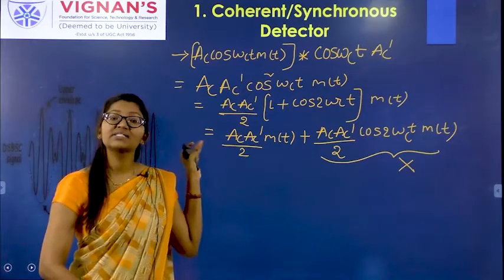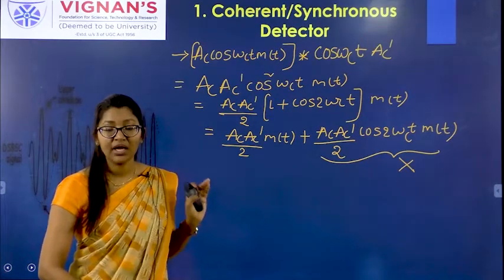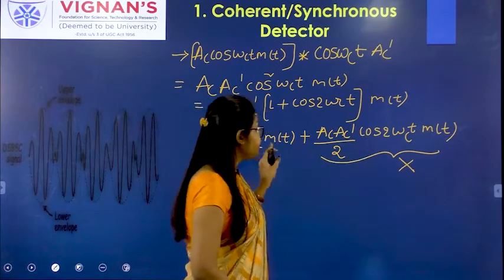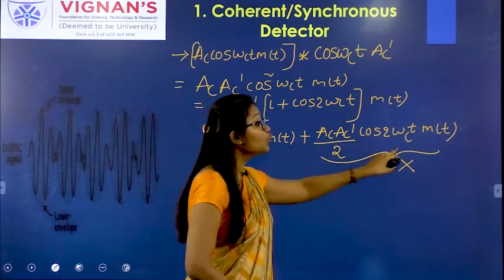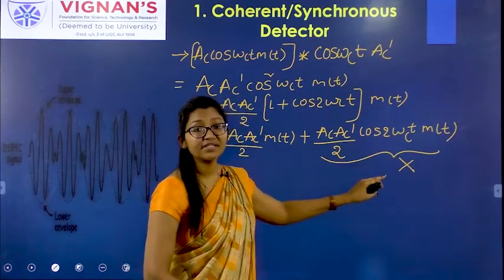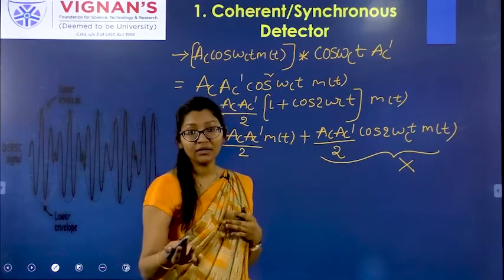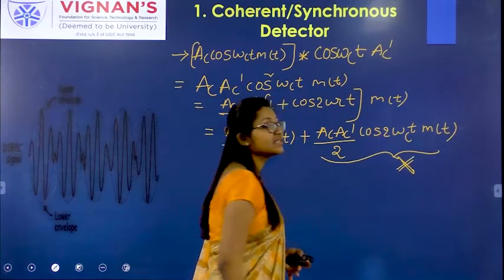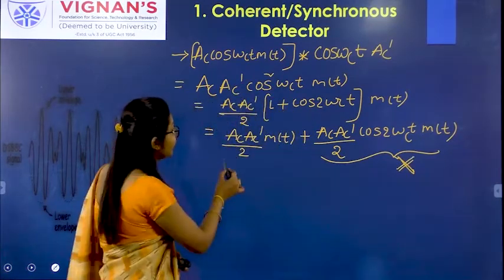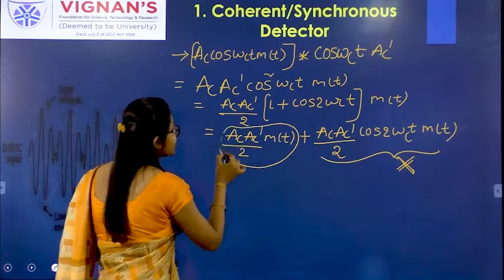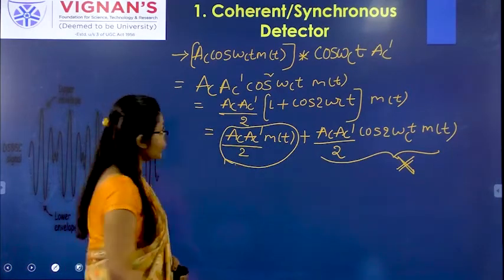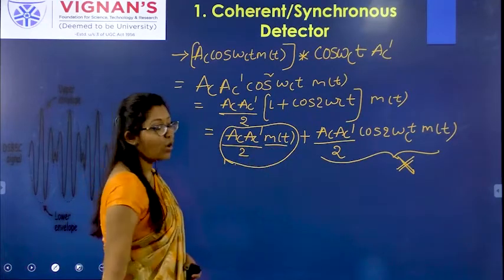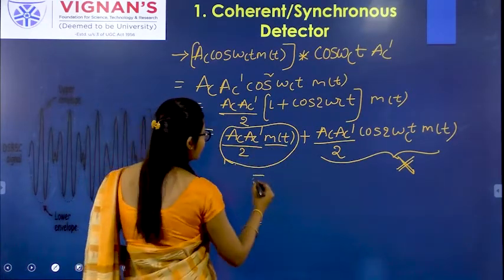So what is the message signal bandwidth? fm is your message signal bandwidth. So if you have 2 fc plus fm, 2 fc minus fm, that is higher than fm. So that's why the low pass filter cannot pass this highest signal. Only Ac dash by 2 m of t passes. So finally m of t is there. This Ac dash by 2 is a constant value, so no need to worry.